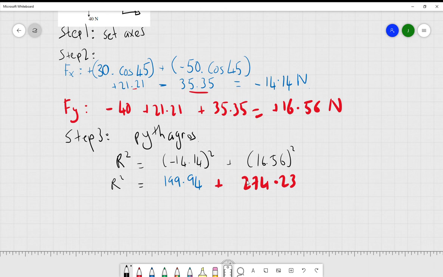Alright, so bring the square over and it becomes square root. So r equals the square root of the sum of these two guys here. That's 474.17 stuff.